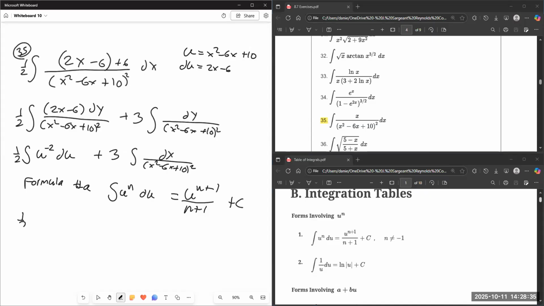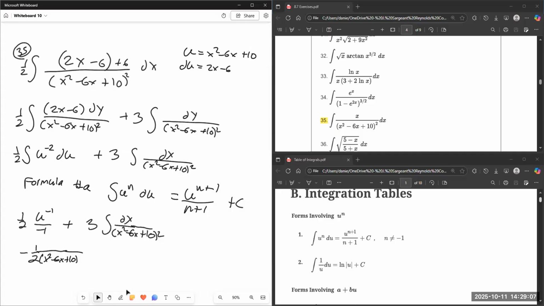So we'll have 1/2 of u to the negative first over negative 1. And I'll leave the plus c until I'm done completely. So this is going to be a negative 1/2. And then my u is in the denominator here, and my u is x squared minus 6x plus 10. All right. Now for the next part.